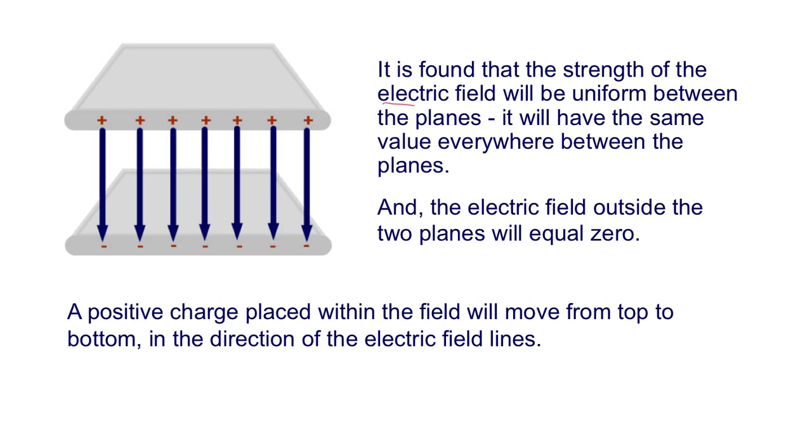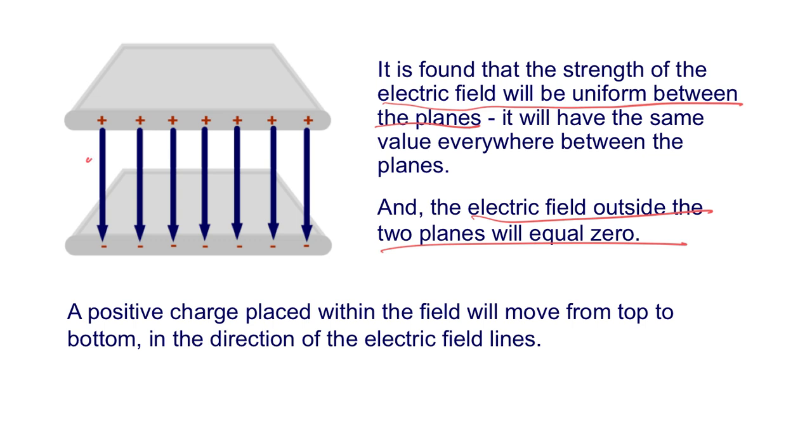So the E will be uniform between the plates wherever you are, same value. But the electric field outside the two plates is zero. There are no field lines outside the volume between the two plates.